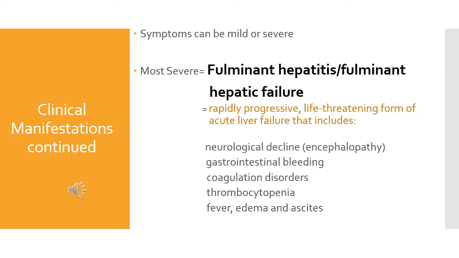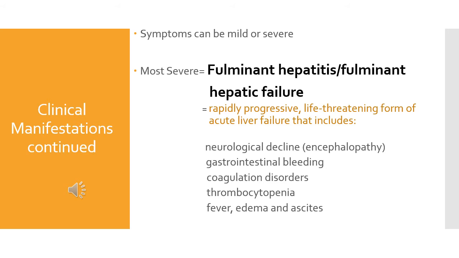Now, symptoms of viral hepatitis can range from mild to severe depending on the individual. The most severe form of acute hepatitis would be fulminant hepatitis, which is a rapidly progressive, life-threatening form of acute liver failure that includes neurological decline, gastrointestinal bleeding, coagulation disorders, thrombocytopenia, fever, edema, and ascites.